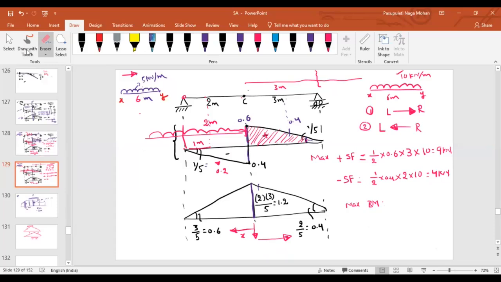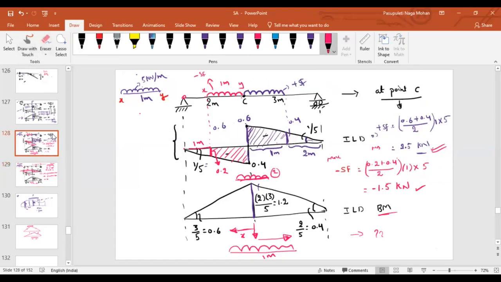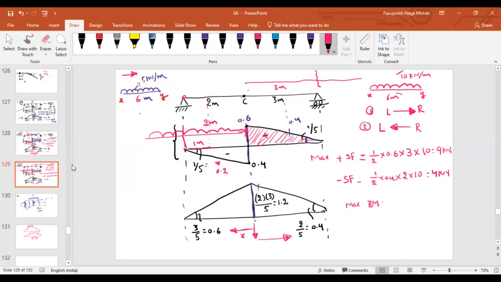In the previous case, what is the length of the UDL? 1 meter. But in the present case, what is the length of the UDL? 6 meters. Now see the length of this span. What is the total length of the beam? 5 meters. Length of the beam is 5 meter, isn't it?